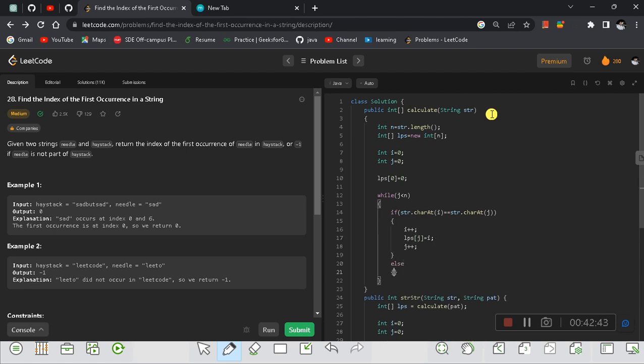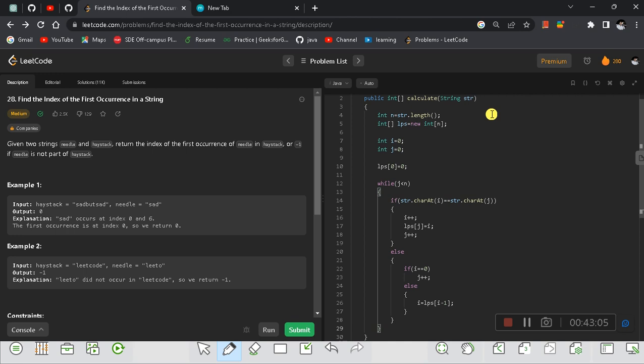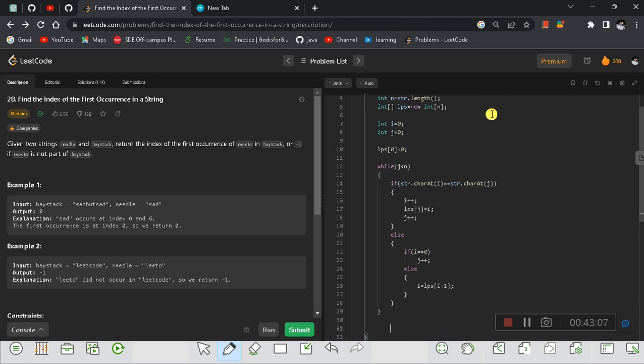If they're not matching and i equals 0, then I can't do anything, so LPS of j will be 0, and then I do j plus plus. I'm not writing LPS of j equal to 0, because the array is already filled with zeros. Otherwise, I is equal to LPS of i minus 1. At the end I simply return LPS.